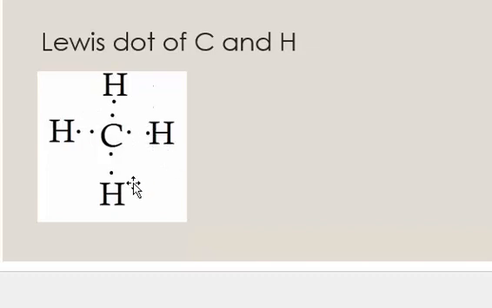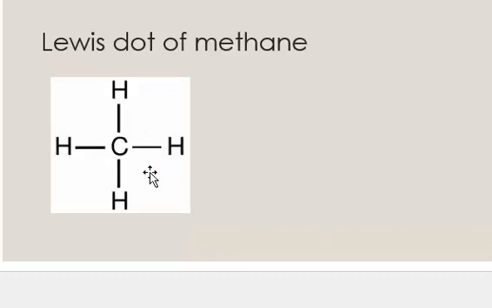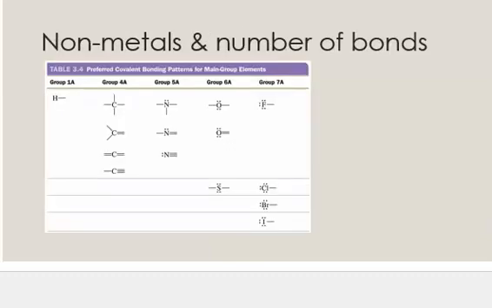Each of the 4 hydrogen atoms can donate an electron to share with those 4 unpaired electrons on carbon. Since 2 shared electrons is a covalent bond, we draw 4 bonds between the symbol of carbon and each of the 4 hydrogen atom symbols. This bonding pattern matches what is expected for carbon, which always has 4 bonds and never any lone pairs.